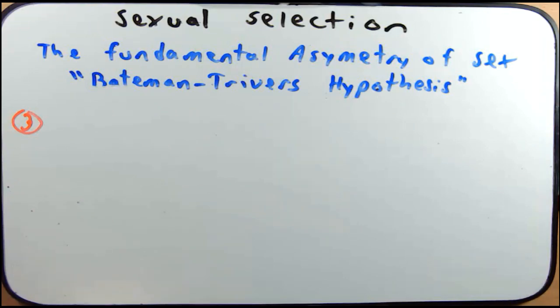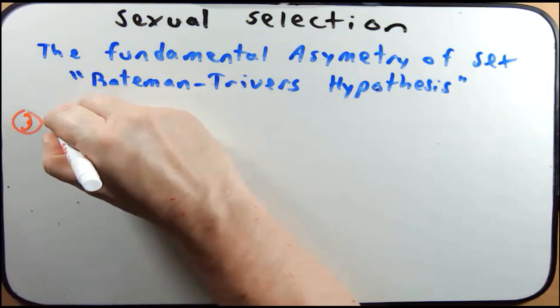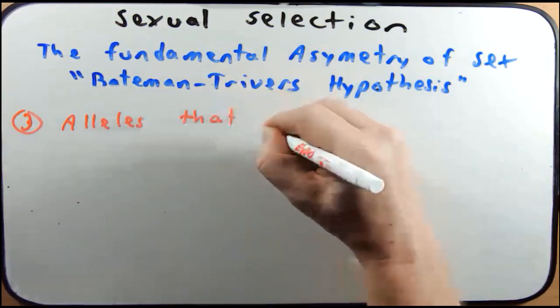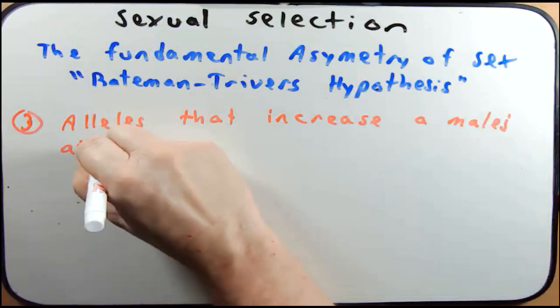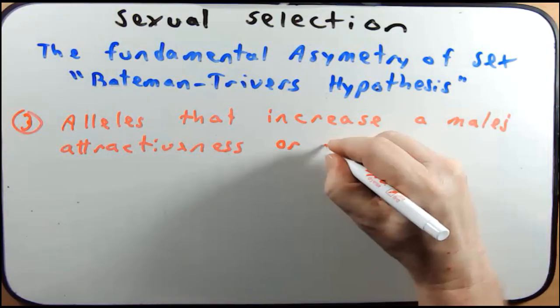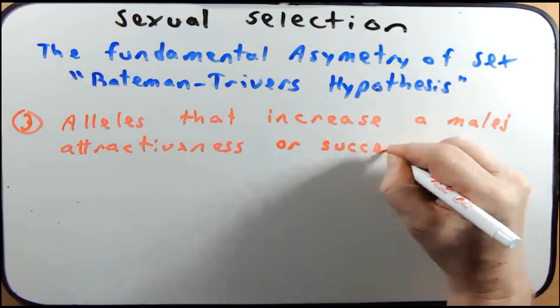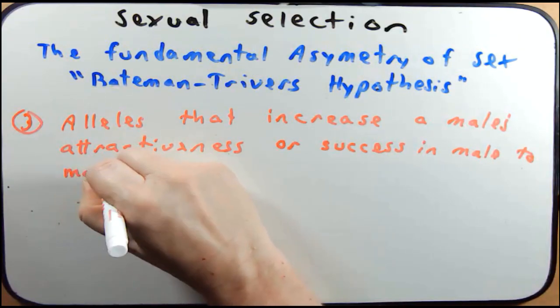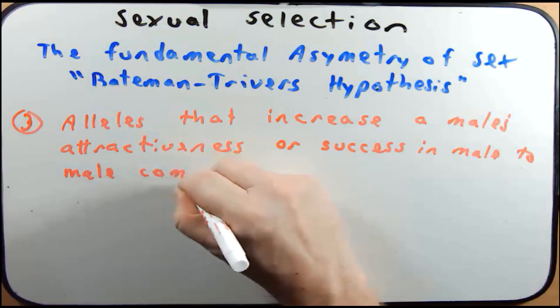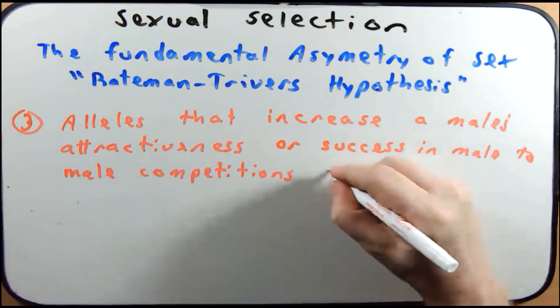The third prediction is that alleles that increase a male's attractiveness or success in male-to-male competitions should increase in a population.